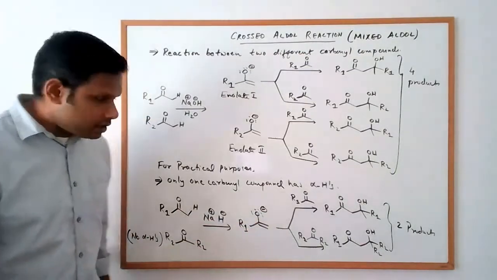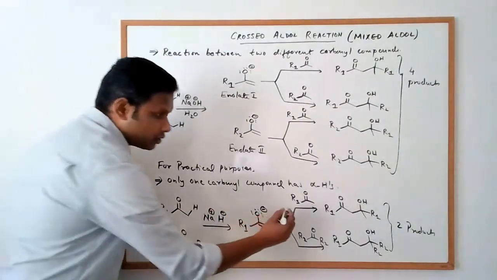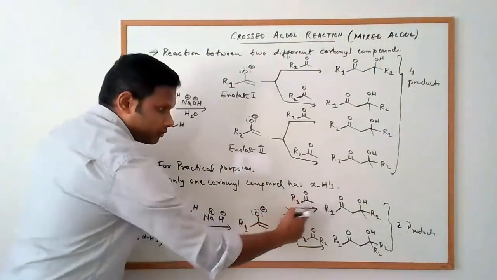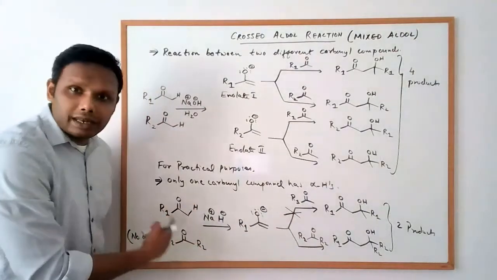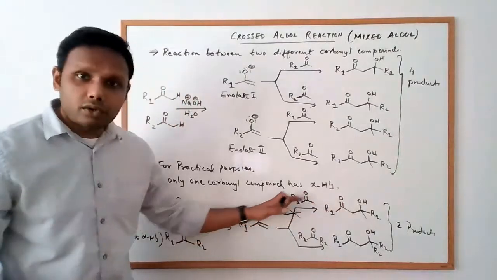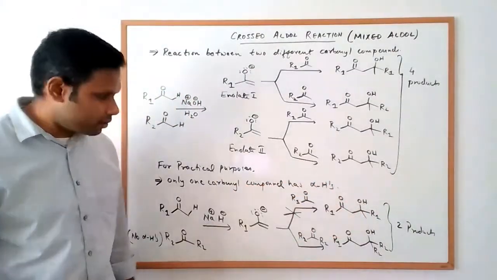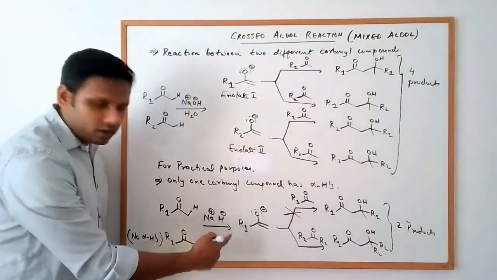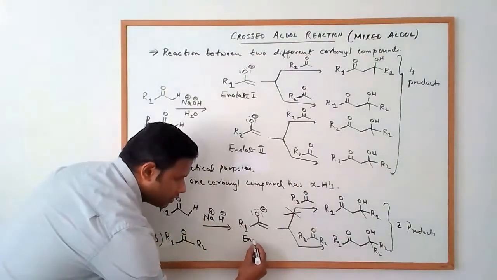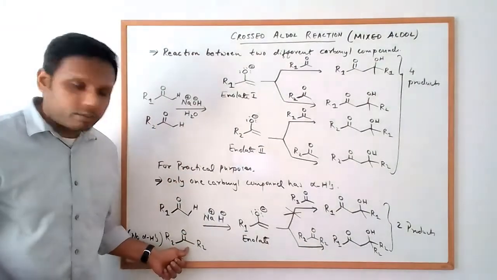And so that means after the enolate is formed, there is no more of this carbonyl compound left. So you're basically closing that pathway, or ruling out that reaction, because there's no carbonyl compound left. The only possibility for this enolate is to react with the other carbonyl compound.